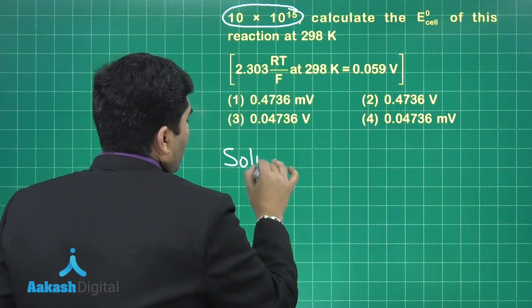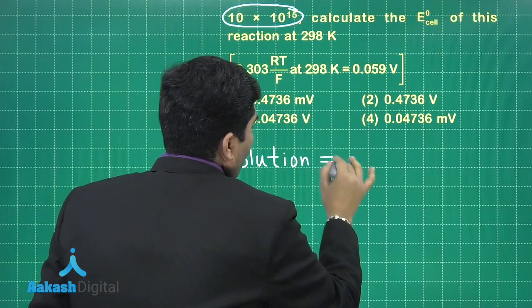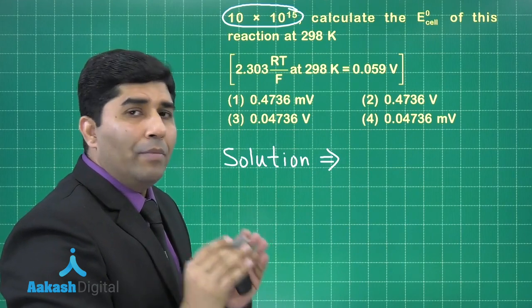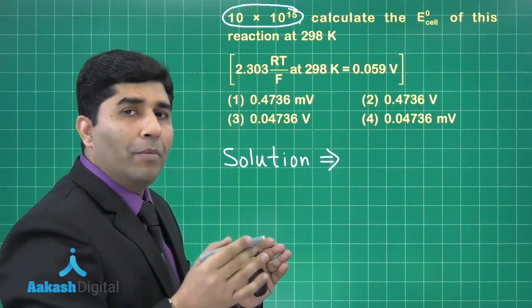Now, as he is asking Kc, it means that the equilibrium has been achieved. So E cell will be 0.